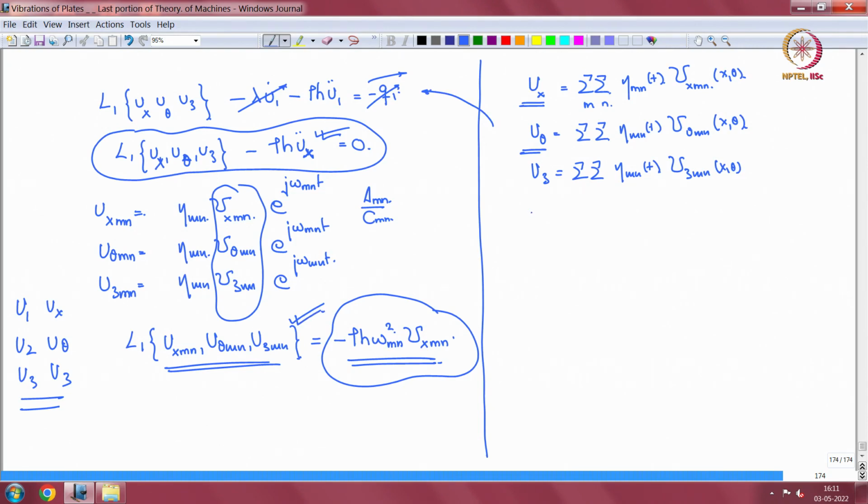Then what I will get is the summation over mn of rho h eta mn double dot plus lambda eta mn dot plus rho h omega mn squared eta mn, into ux mn, is equal to qx.